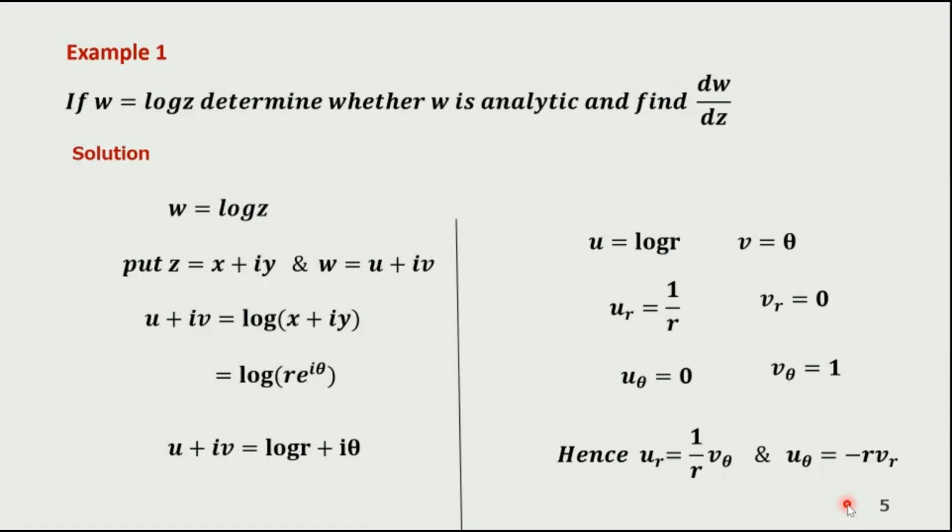Okay, so the first part is over. That function's CR equations are satisfied. Now calculating dw by dz. dw by dz is f dash of z. I told you f dash of z in Cartesian coordinates is u x plus i v x. In the polar coordinates, we have the extra term e raised to minus i theta into u r plus i into v r.